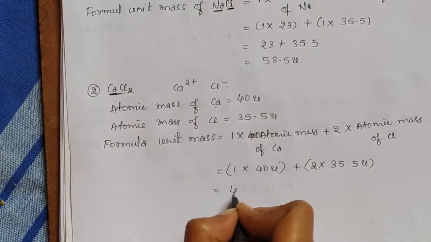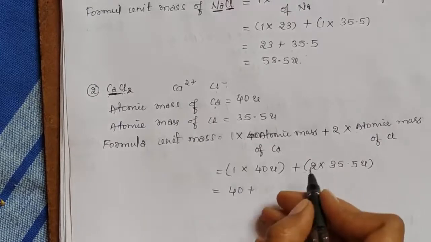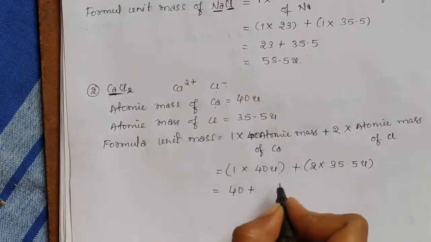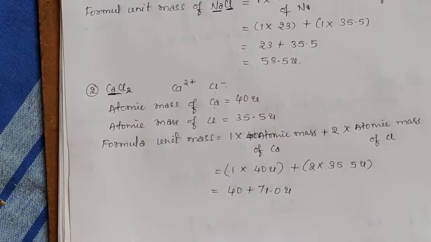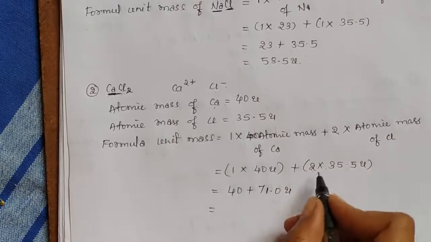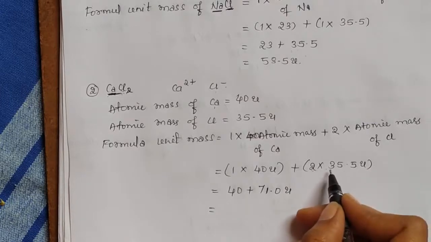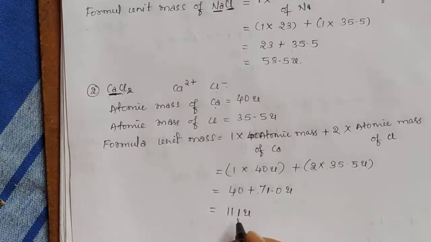This is equal to 40 plus, 2 threes are 6, 2 fives are 10, carry 1, 71 atomic mass unit. Now we are going to add this. We'll get 111 atomic mass unit. This is the formula unit mass of calcium chloride.